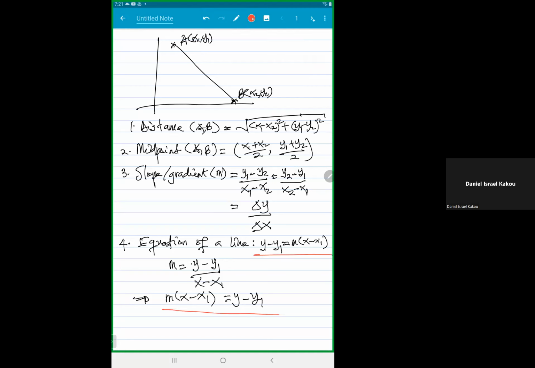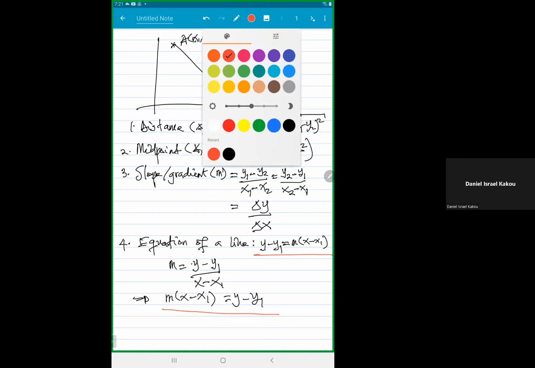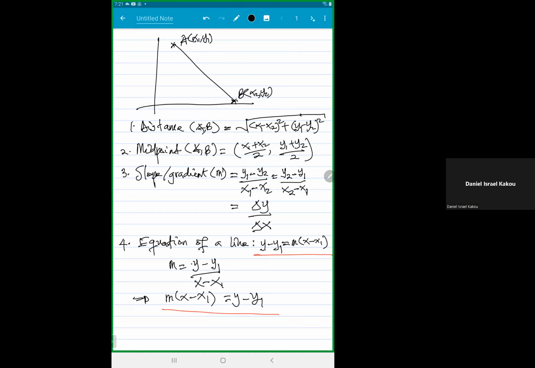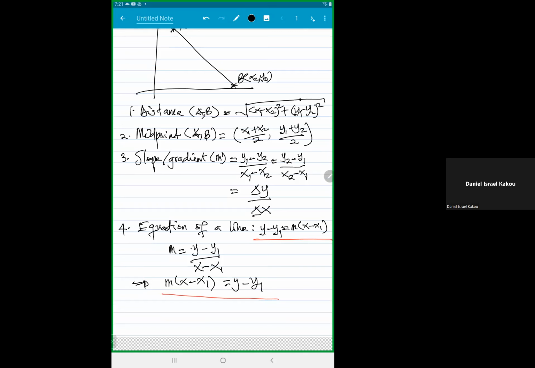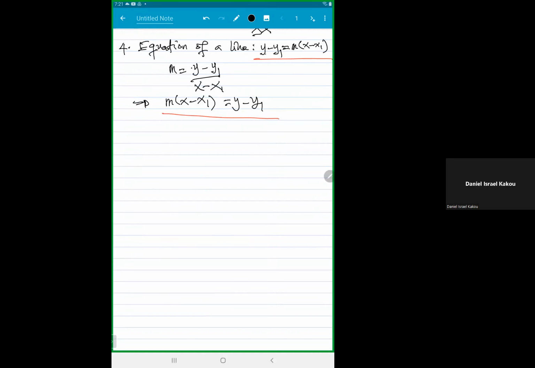So that is it about the equation of the line. Then another thing, the fifth one we would discuss, is the angle between two lines, right?